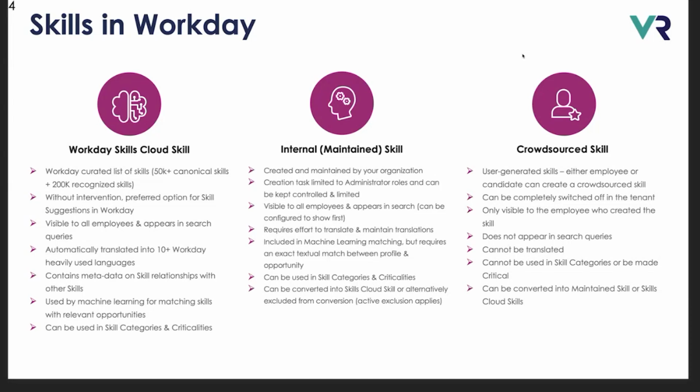For example, if you have recruiting on an employee profile and talent acquisition on a job, that job will be suggested to the person, even though the same skill isn't on both the profile and the opportunity. That's because Workday understands in the metadata that recruiting and talent acquisition are close enough for that person to be a good candidate for that opportunity.